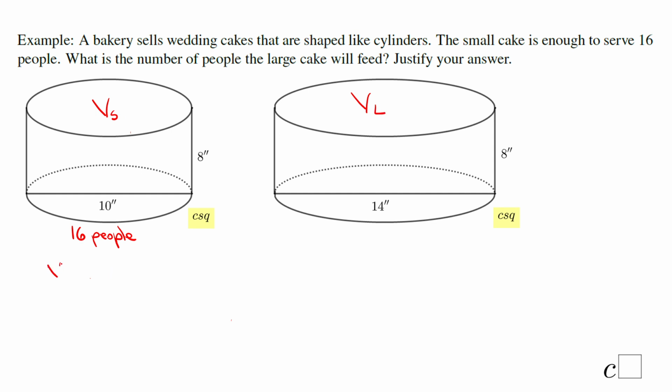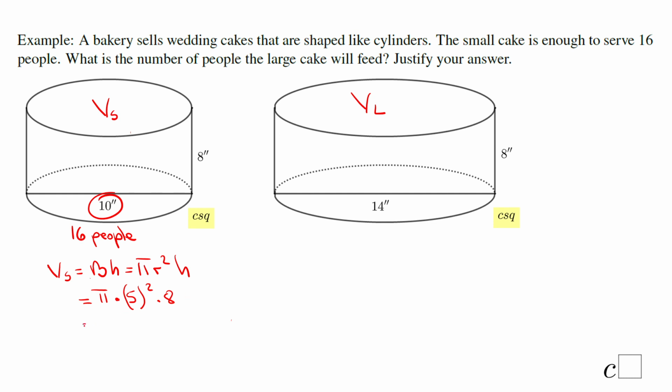I'm gonna start with the first one, and again the same formula, area of the base times the height. In this case the base is pi r squared times the height. I'm gonna move a little bit faster. What is that? Pi times radius. If this is 10, the radius is gonna be 5. Why? Because we cut that in half. 5 squared times 8.